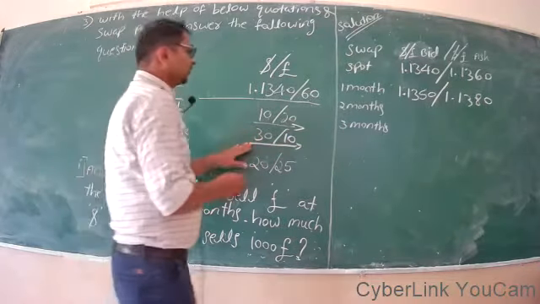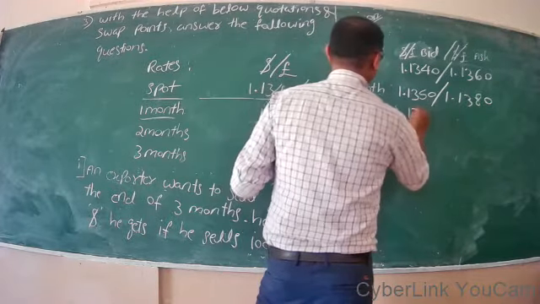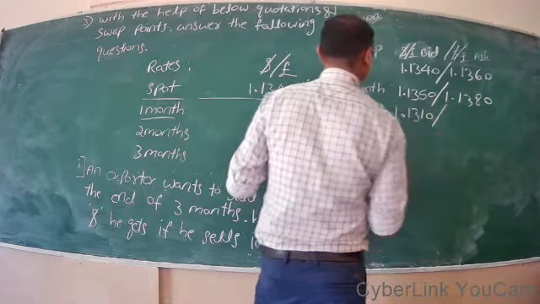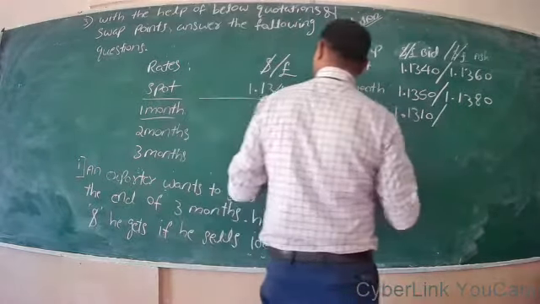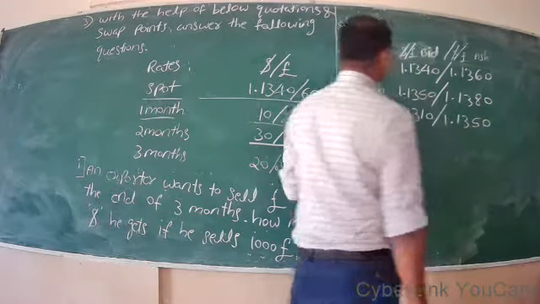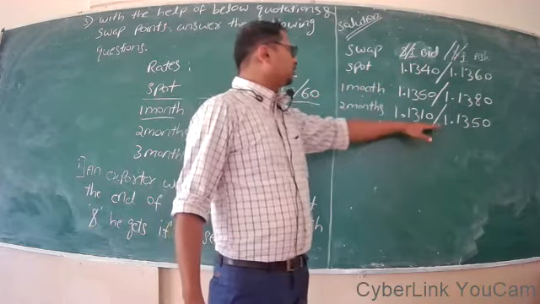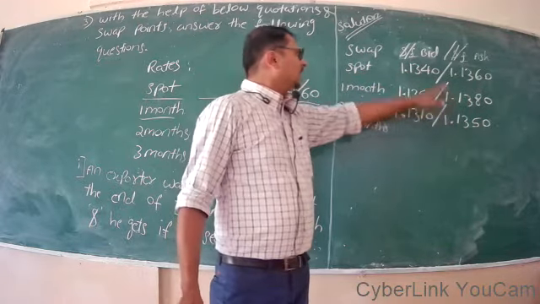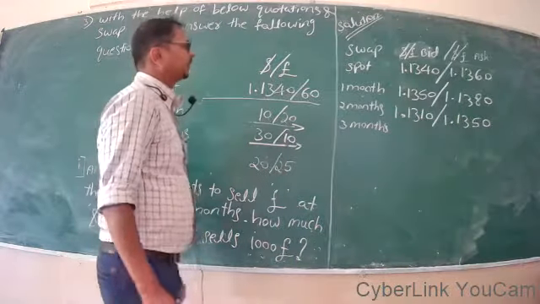So we need to deduct it, right? 1.1340 minus 0.0030 comes up to 1.1310 oblique 1.1360 minus 0.0010, that is 1.1350. So 2 months forward rate, bid price is 1.1310 and ask price is $1.1350 per sterling pound, right?